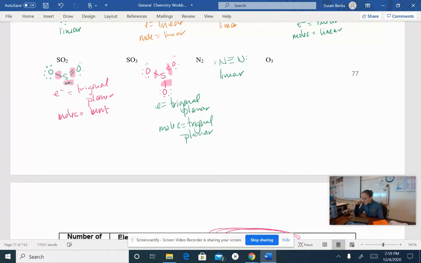O3 is not actually oxygen, it's ozone. So when I look at ozone, this is what I get. I will have a single bond to one of the oxygens, and I will have a double bond to the other. It really doesn't matter which side you put it on.